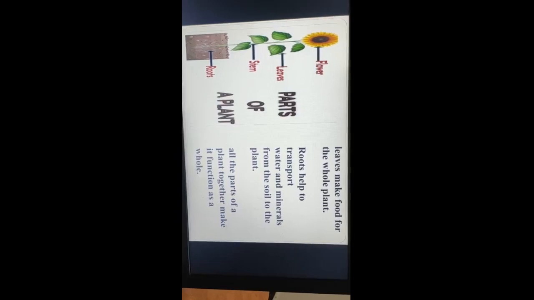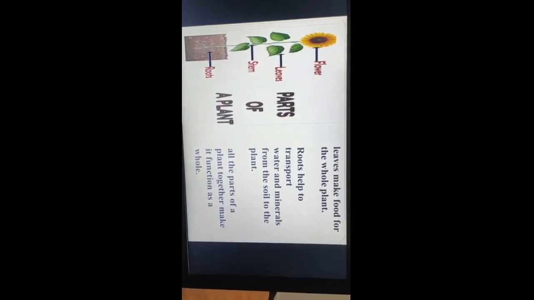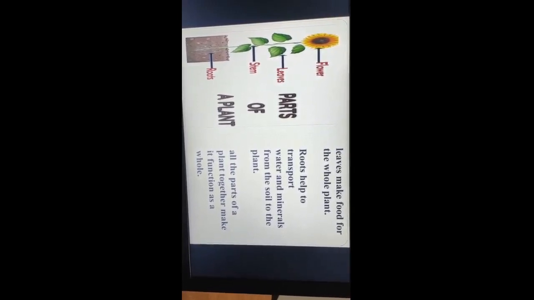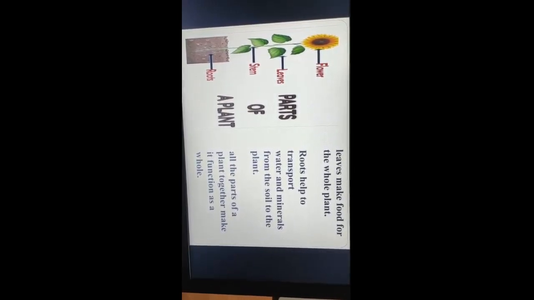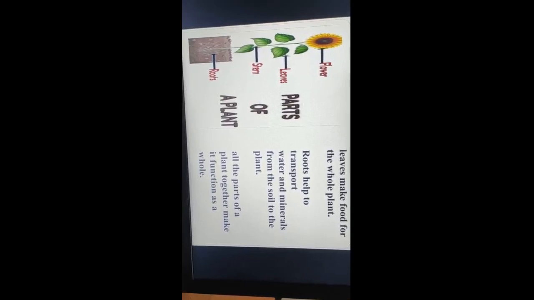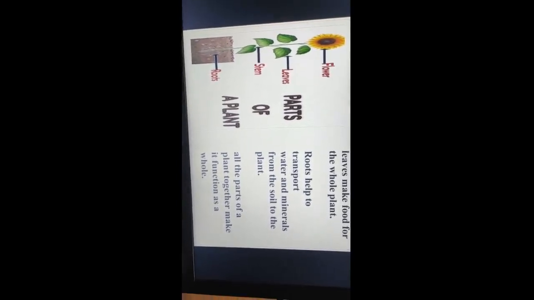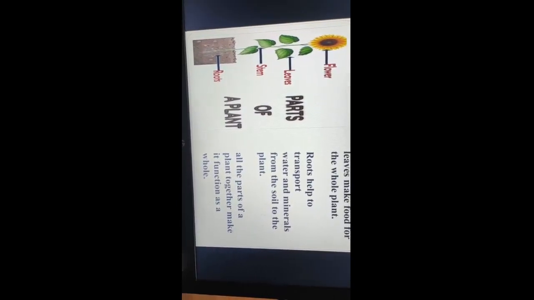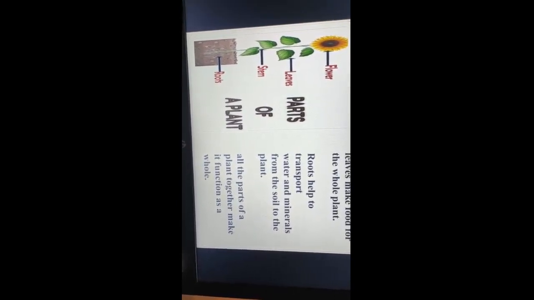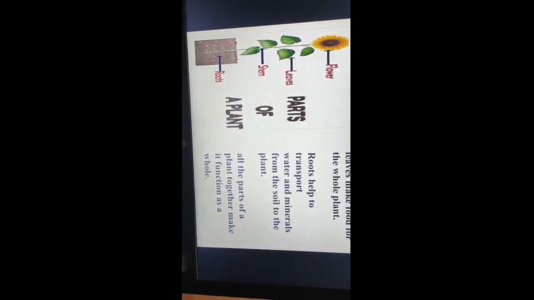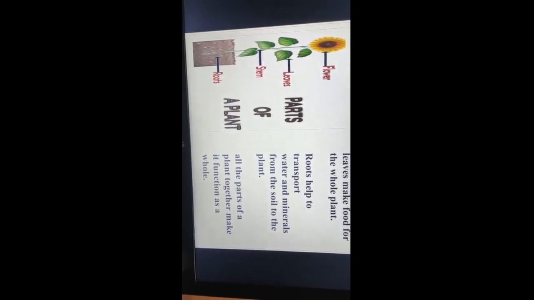Similarly, roots help to transport water and minerals from the soil to the plant. All the parts of a plant together make it function as a whole, and with proper functioning only the plant can produce a flower and it can grow again and again.